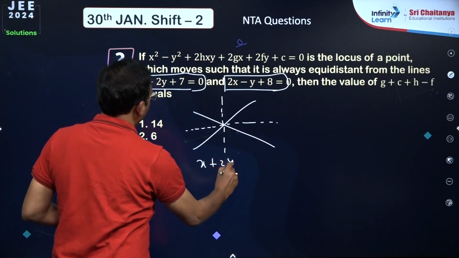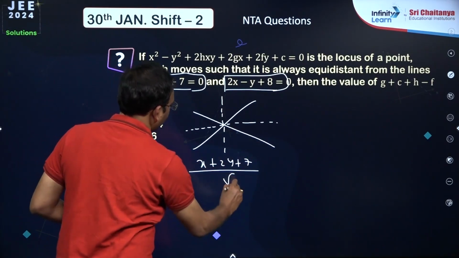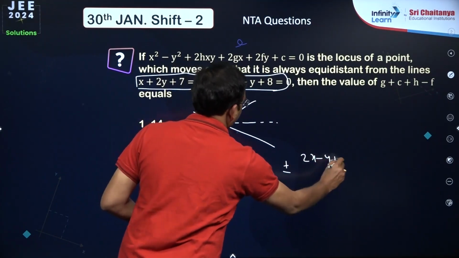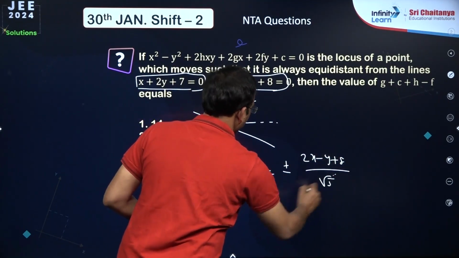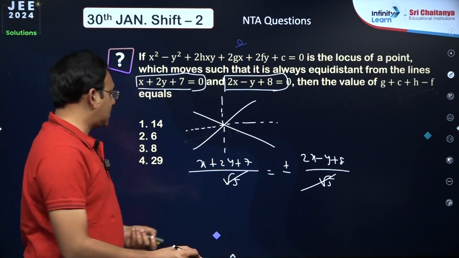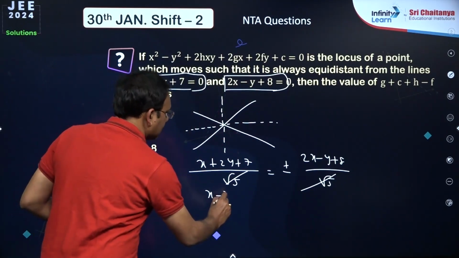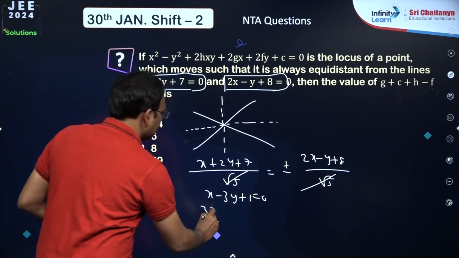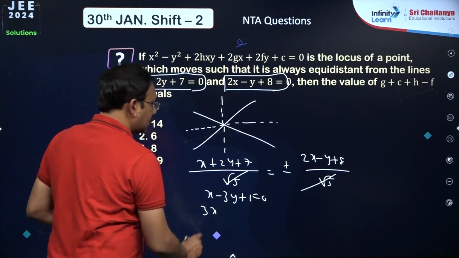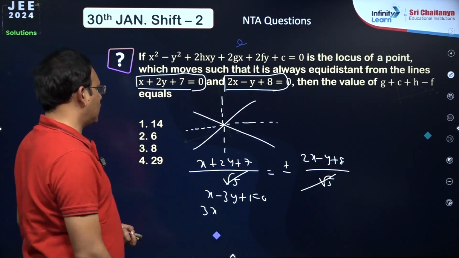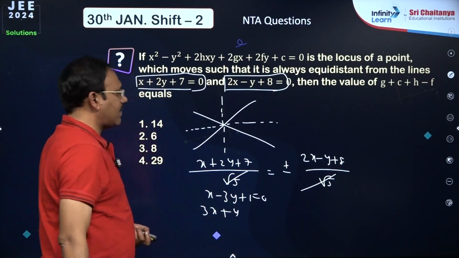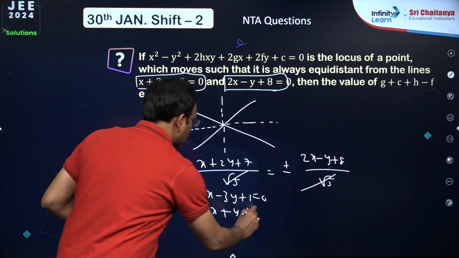x plus 2y plus 7 by root 5 is equal to plus or minus 2x minus y plus 8 by root 5. You just cancel, you take plus, and you are going to get x minus 3y plus 1 equal to 0. You take minus, minus 2x will become 3x, plus y will become plus y, this is 7 plus 15 equal to 0.